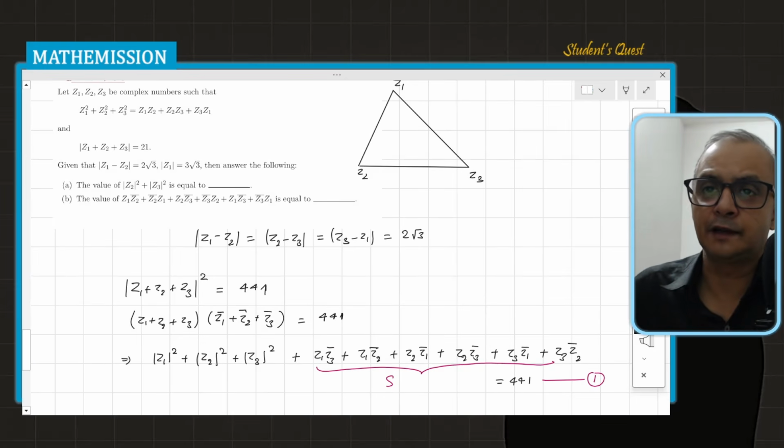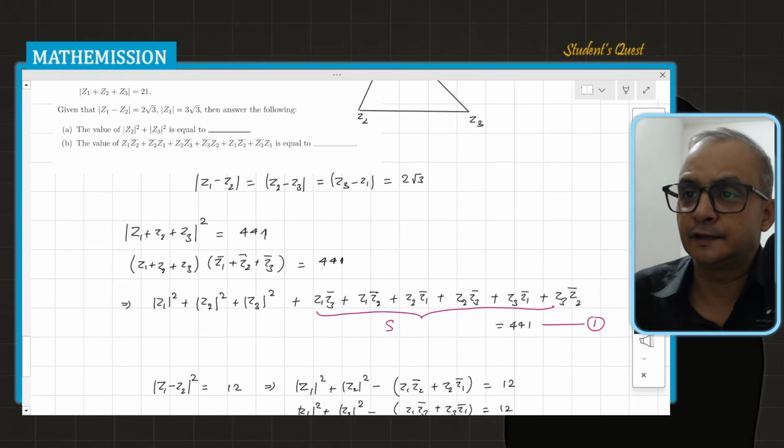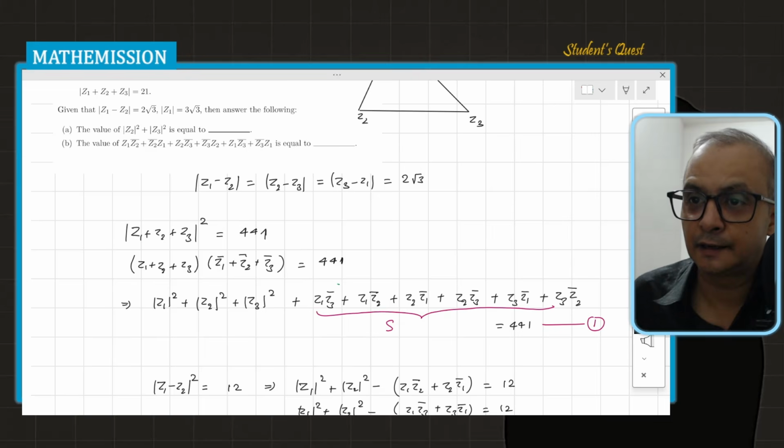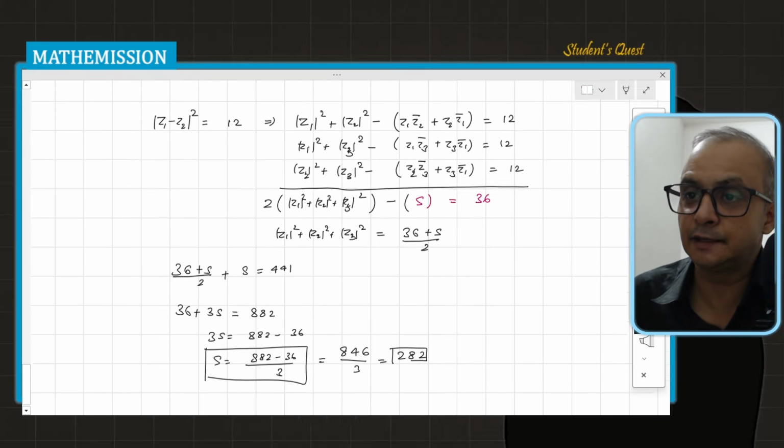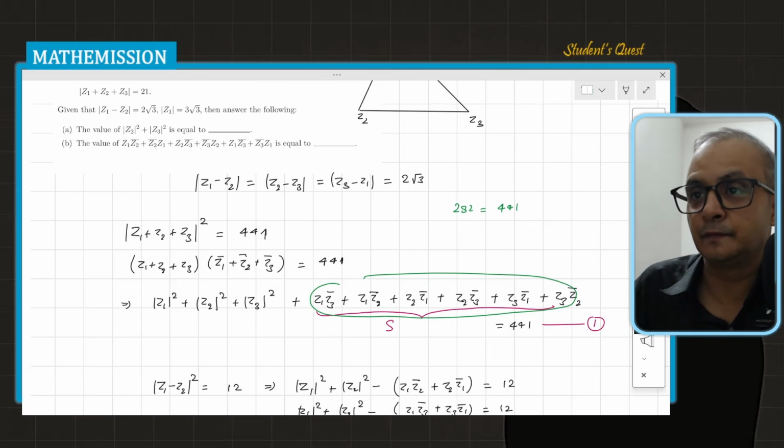Now I have to find out |Z2|² + |Z3|² is equal to what? You notice that this s value we already found. What was that? 282. So in this equation I can substitute this as 282 and it is equal to 441.